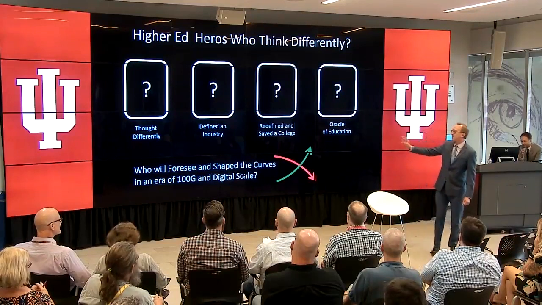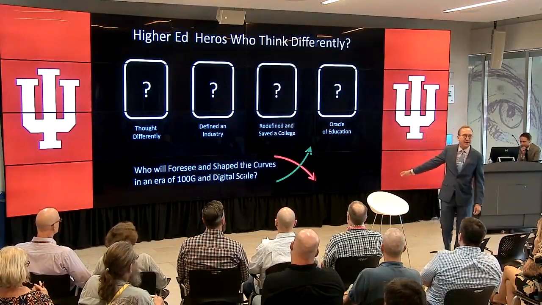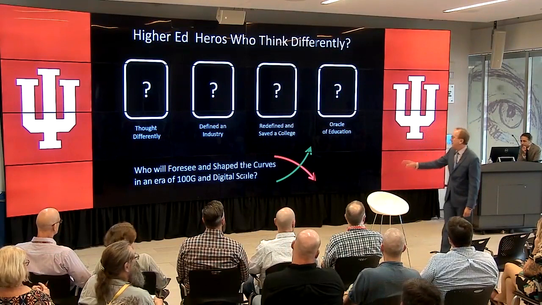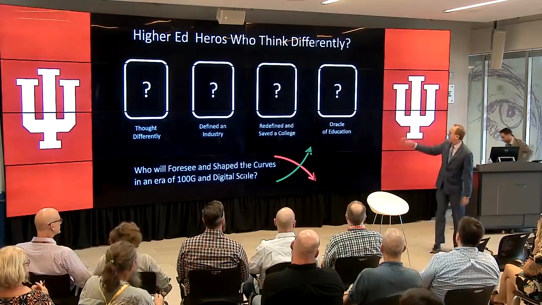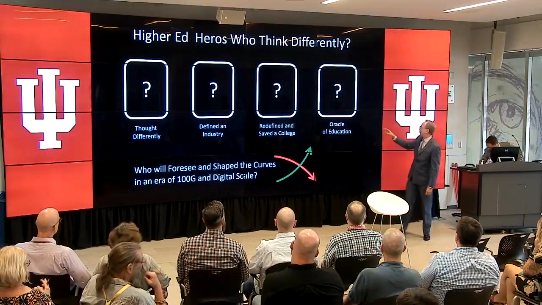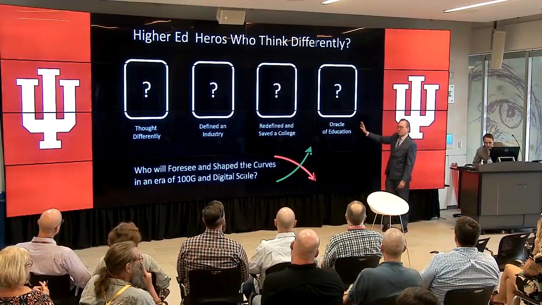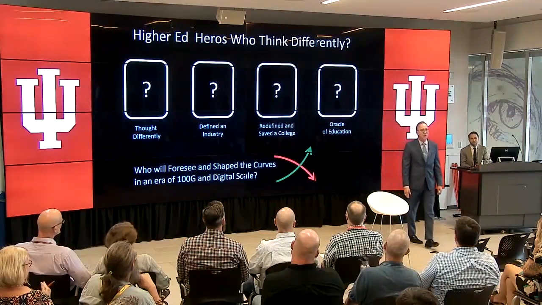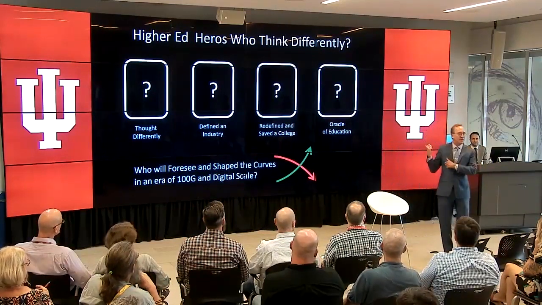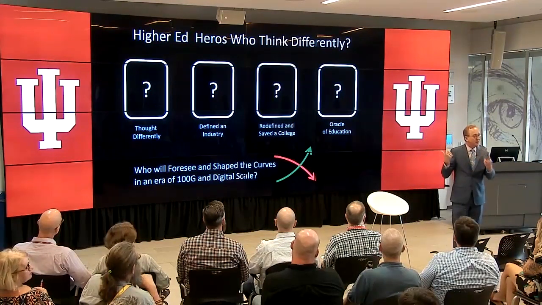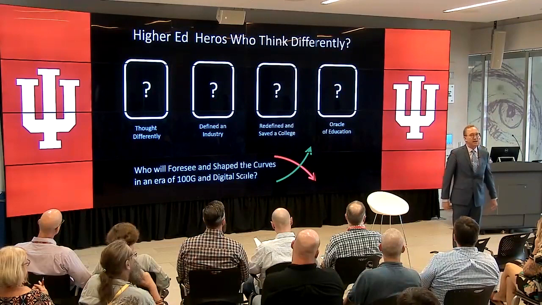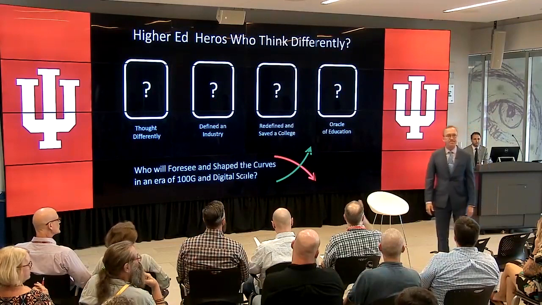Who will foresee the curves of what the 100 gig era and the change of finances of higher ed mean? They thought differently. They redefined an industry. They saved a college. They became the Oracle, not in the corporate sense, but the Oracle of education, not the Oracle of Omaha. So I think that's how you can pull someone in with a question to get them to see themselves in action coming out of it. What else?